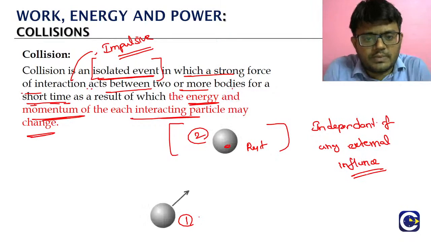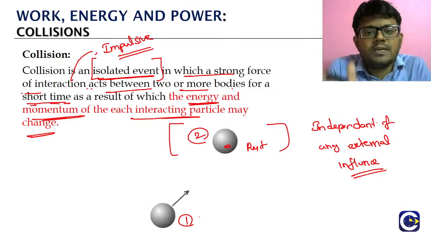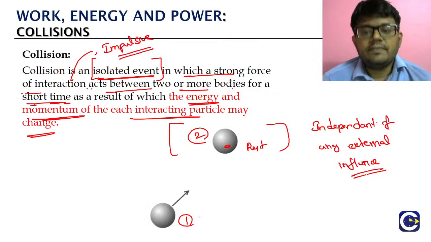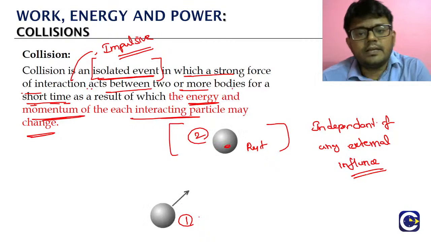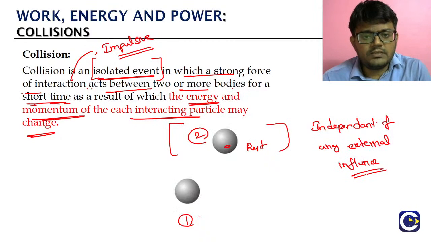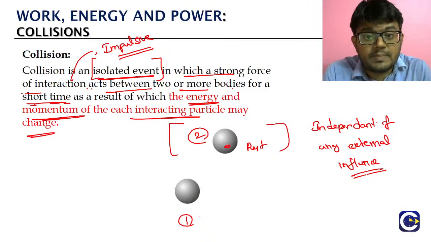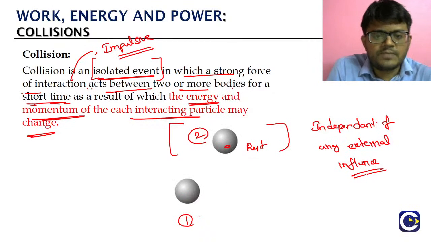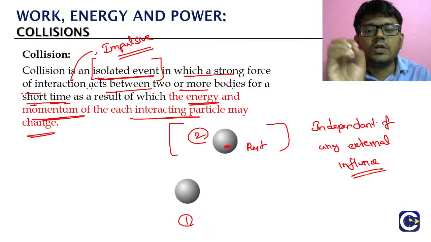The collision phenomenon will be totally independent of any external factors. That is the reason why we call it an isolated event. Why it is so, we will study later. But this is how we are going to define the collision phenomenon.